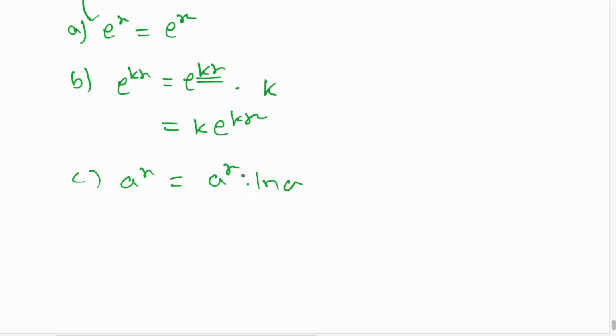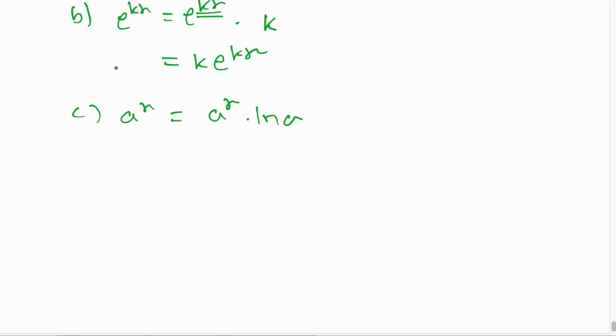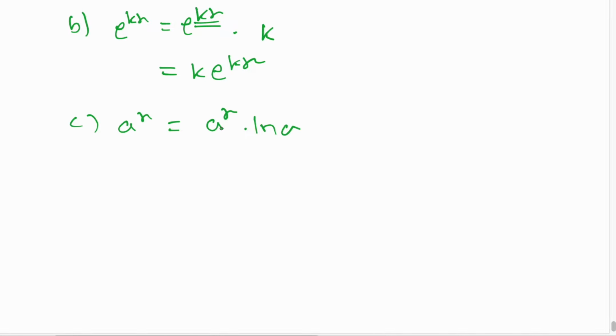This part also can be done like that, that's why e power, that means it would be 1. That's why it's done this way. So d/dx of a to the power x is equal to a to the power x ln a. Then d/dx of a to the power kx means k a to the power kx ln a.